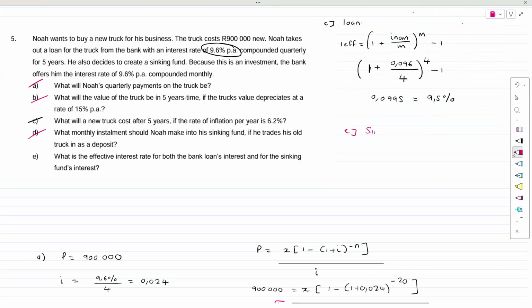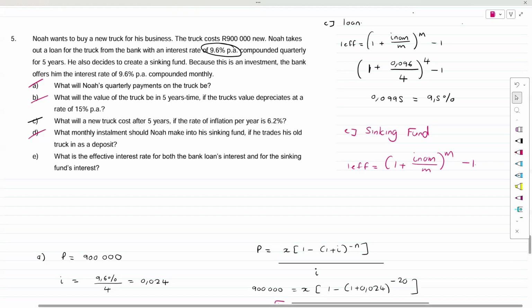would be the sinking fund. For the sinking fund, it would be the exact same thing. It would be I effective equals 1 plus I nominal over m to the power of m minus 1. For the sinking fund, what did they give us? Sinking fund, 9.6% compounded monthly.